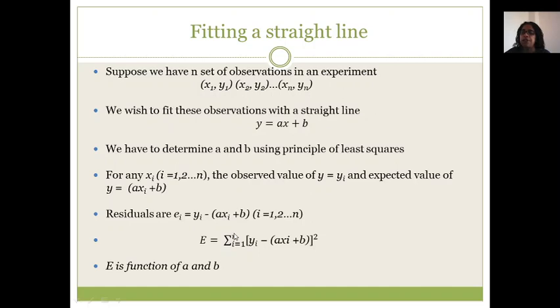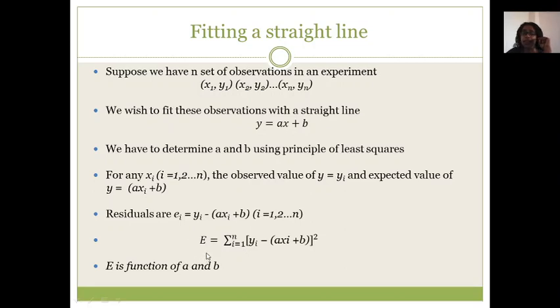Here we put the summation sign from i equal to 1 to n. And in the last slide we discussed that the condition for a best fit by the principle of least squares is that capital E should be minimum.